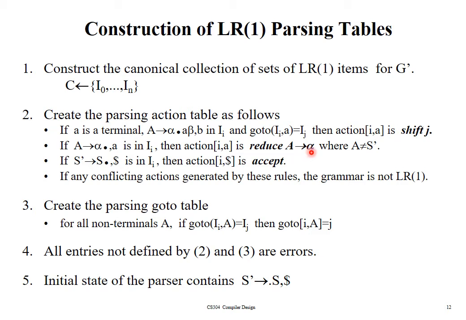Similarly, in the case of accept, as in the SLR parsing table, where S dash gives S dot closes, under that corresponding closure we have to write accept. Naturally, if there is any conflict, the grammar will not be CLR1. Then under the goto part, you refer to the DFA and write the state.